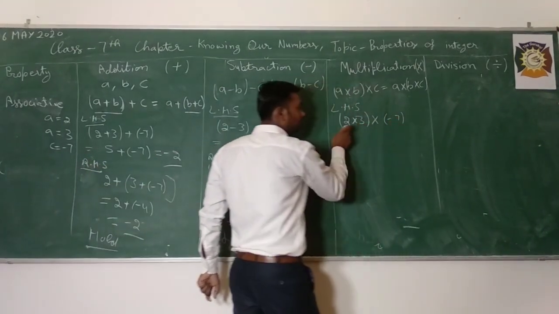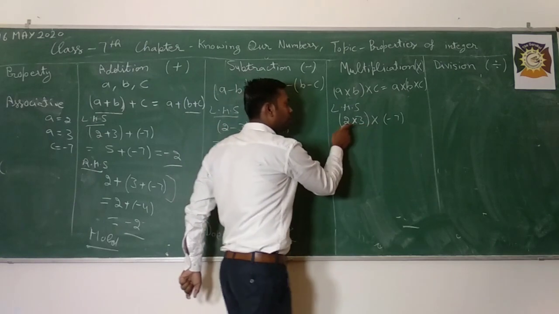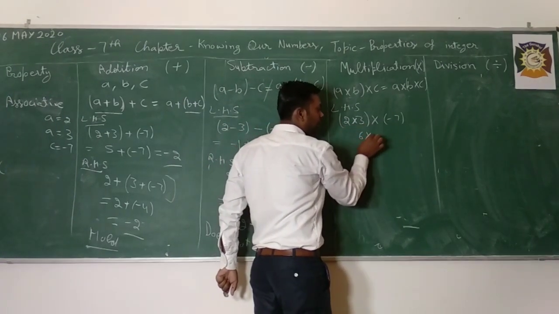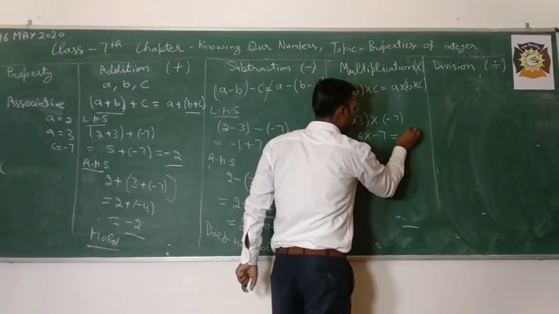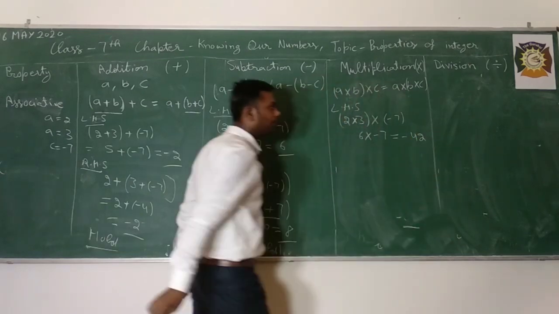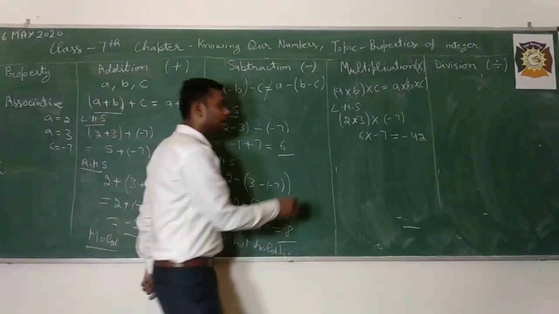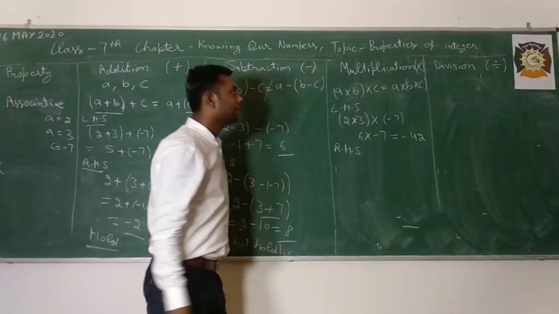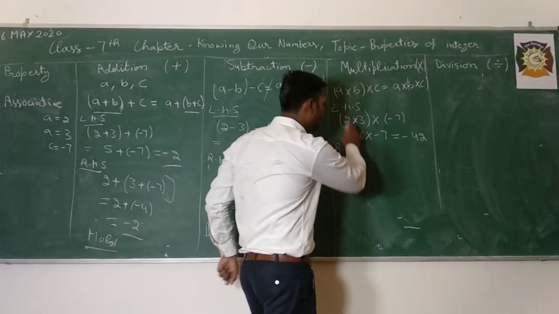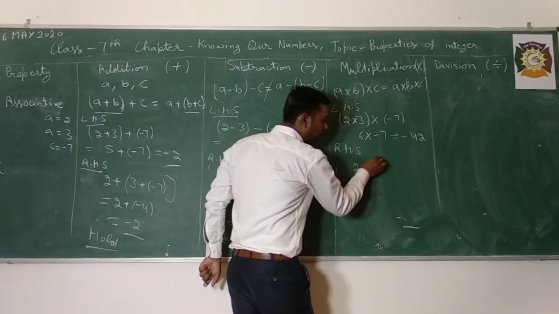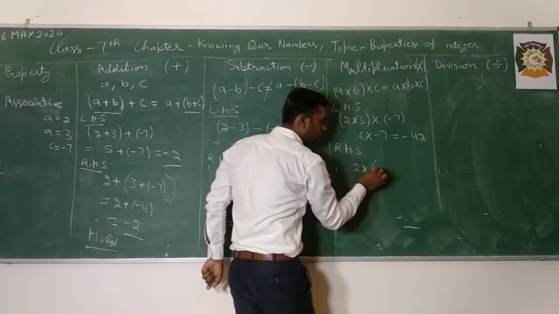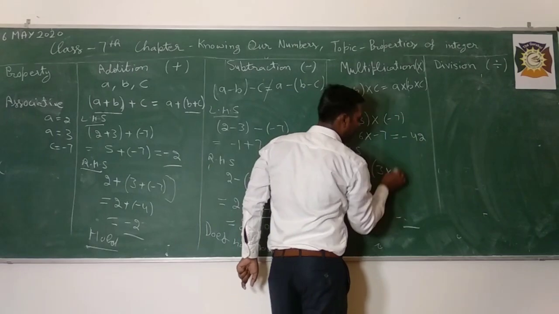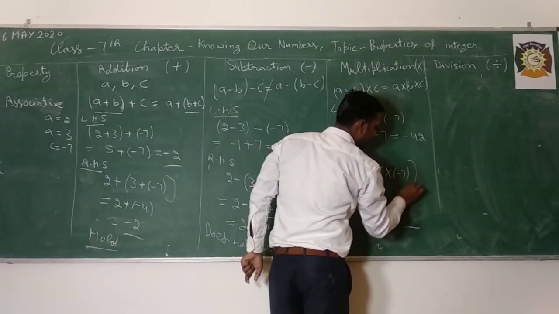Solve it. First we solve this group. 2 into 3 is 6, 6 into minus 7, that is equal to minus 42. And the right hand side is a equal to 2 multiply b equal to 3 and c equal to minus 7.